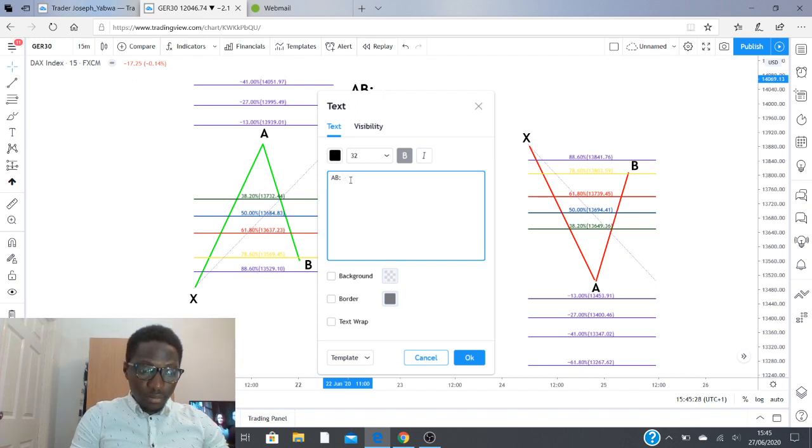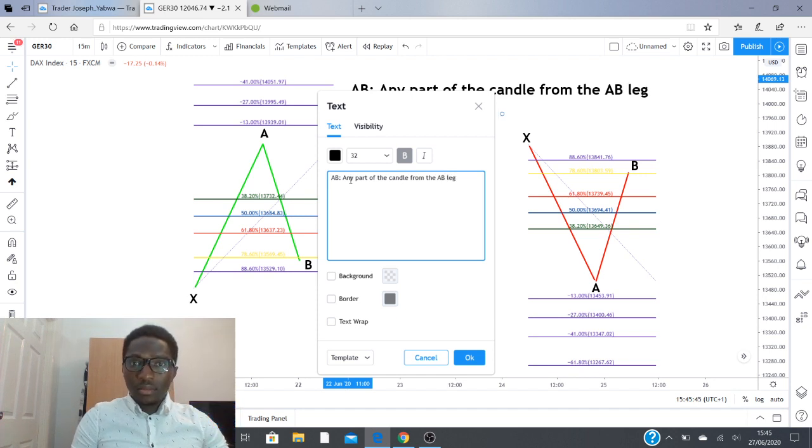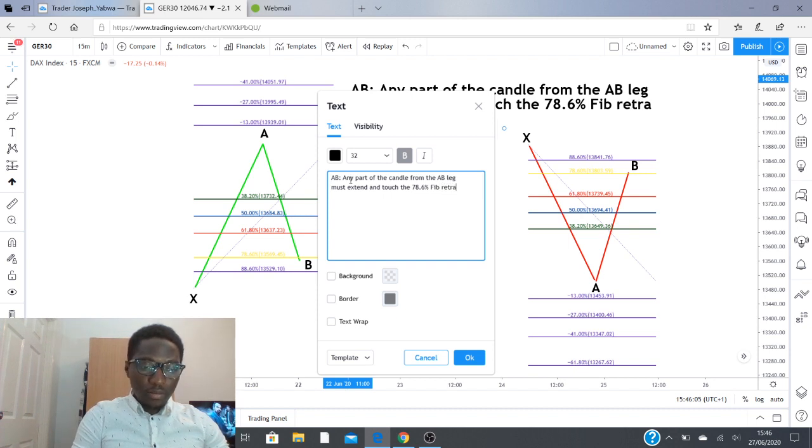Any part of the candle from the AB leg must extend and touch the 786 fib retracement of the X to A leg.